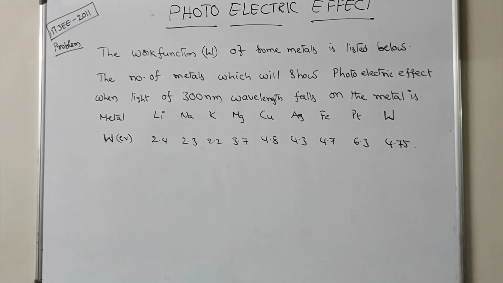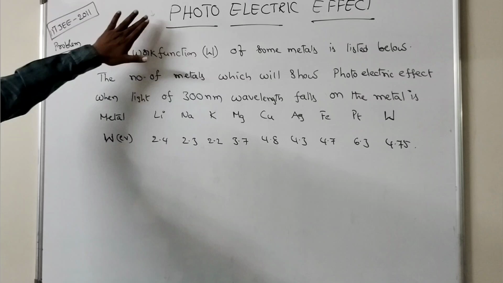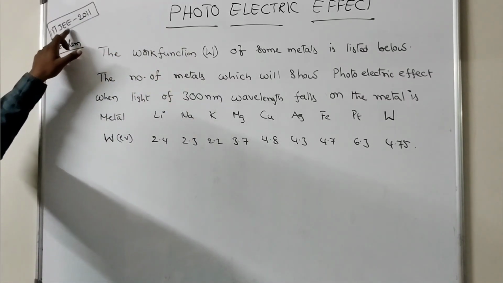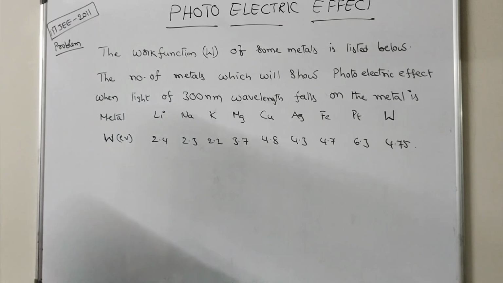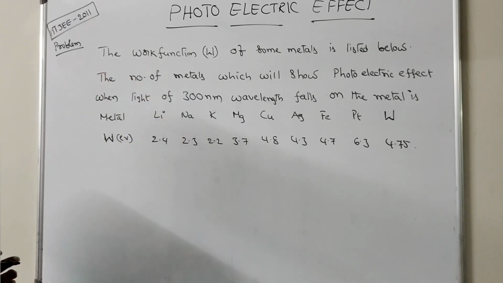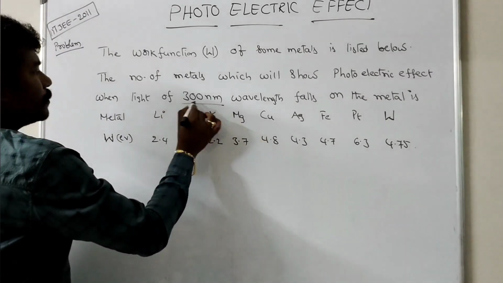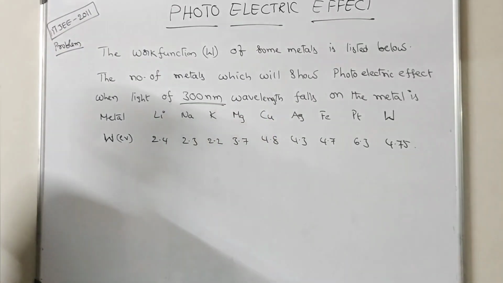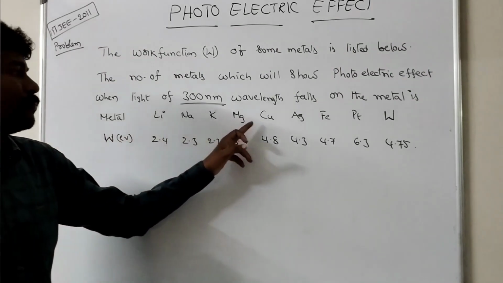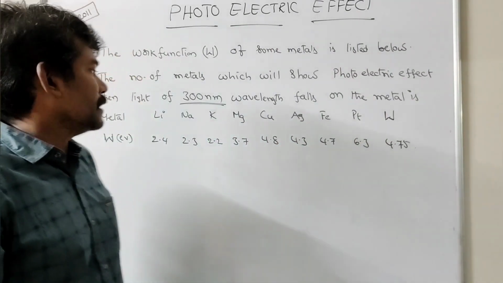So let us see a problem on the photoelectric effect from the IIT JEE 2011 paper. The work function of some metals is listed below. The number of metals which will show the photoelectric effect when light of 300 nanometer wavelength falls on the metal is: nine metals are there.